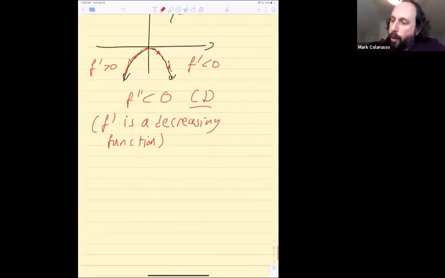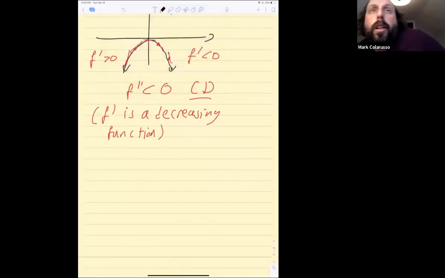Okay, now also to throw another little wrench in the works, a function does not have to have the same concavity over its domain.